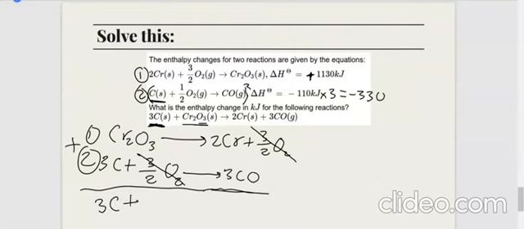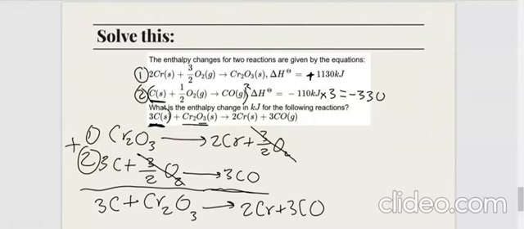It will be 3C plus Cr2O3, and they will give us 2Cr plus 3CO. Now let's check if what we did was correct. We have 3C right here. It is here. Cr2O3 is here. So we're good. 2Cr right here and 3CO here.